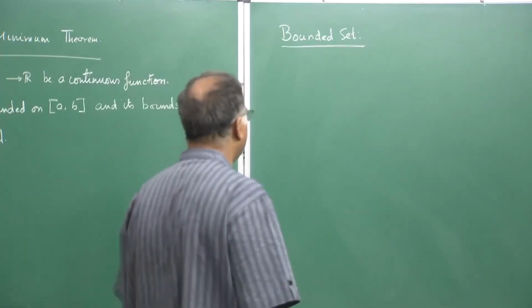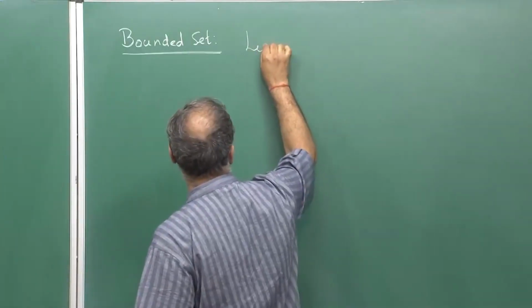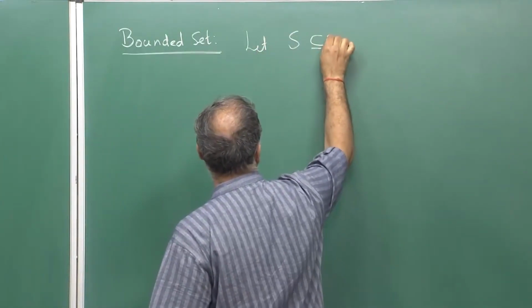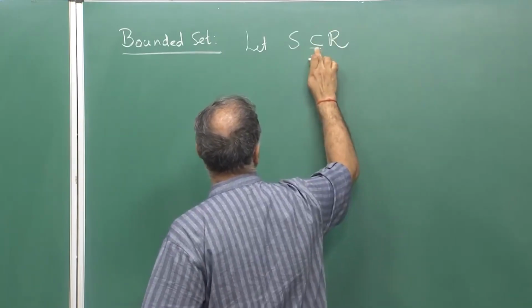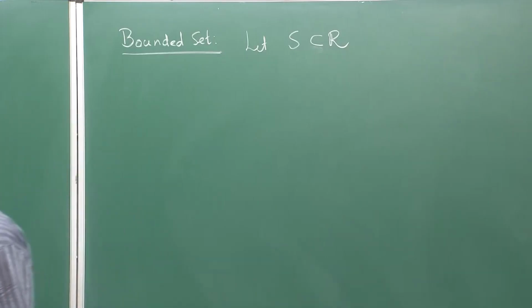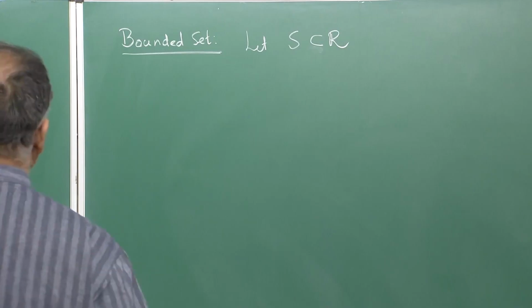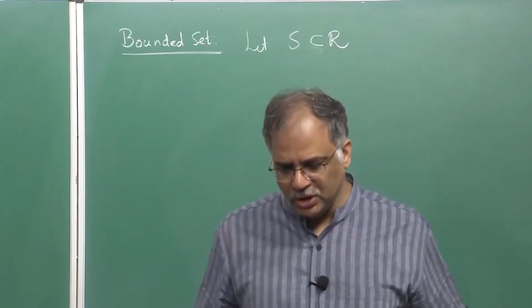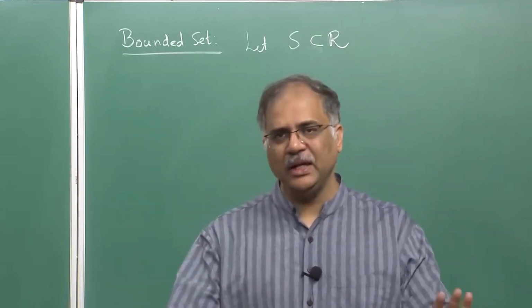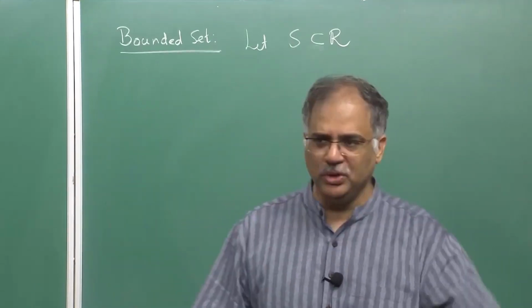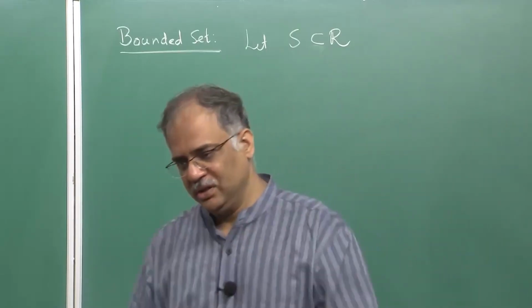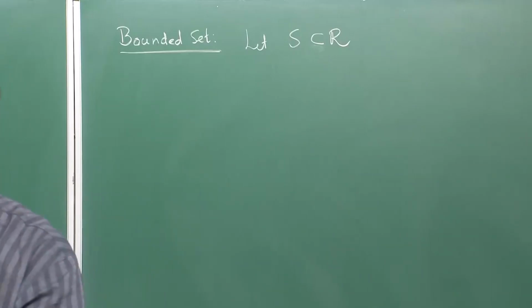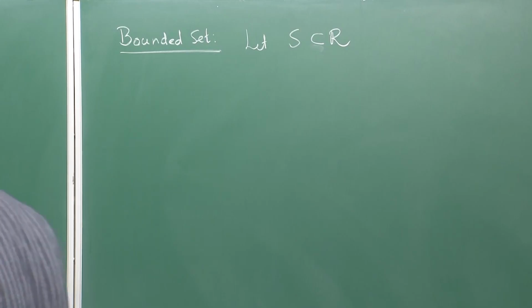So, we will take a subset S of R, a proper subset by the way, and then we will call S to be bounded if I can find two real numbers, capital M and small m, such that whenever I take an x from S, x must be bigger than small m and less than capital M.